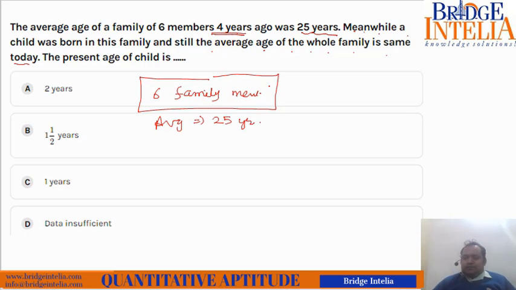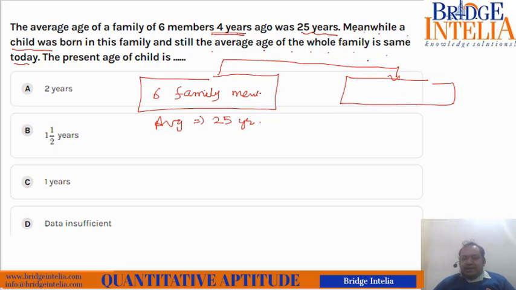A child was also born, but if you ignore that child for the meanwhile and consider only these 6 family members, then today the same group's average will increase by 4 years. So today, the average of these 6 people comes out to be 29 years. But the thing is, a child is also born.